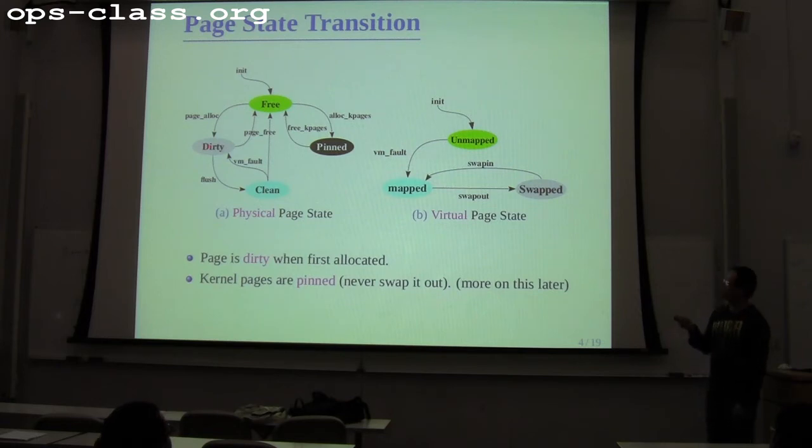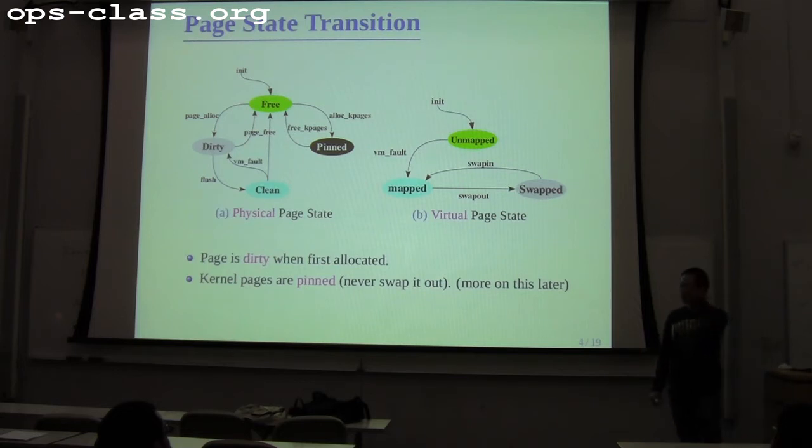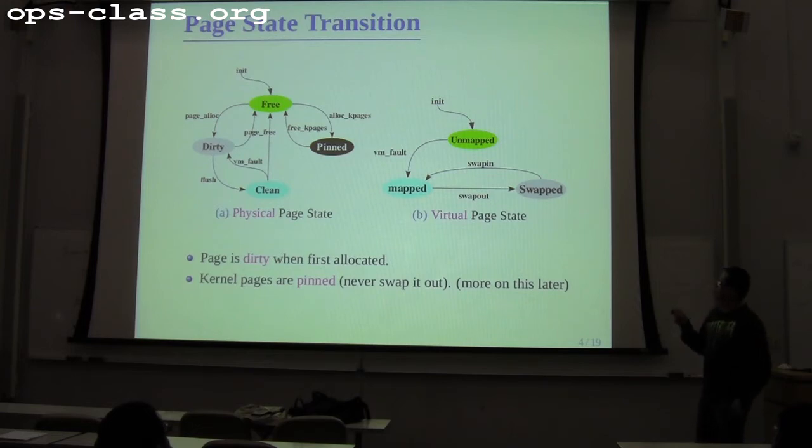So the physical page will either go to the pinned state, which we use for the kernel, or it stays dirty or clean, just that the owner changed. And the content will definitely change. So this is the transition of physical pages and virtual pages.